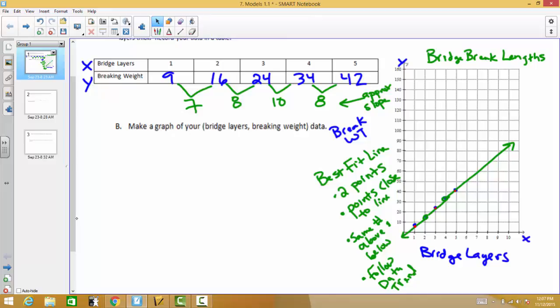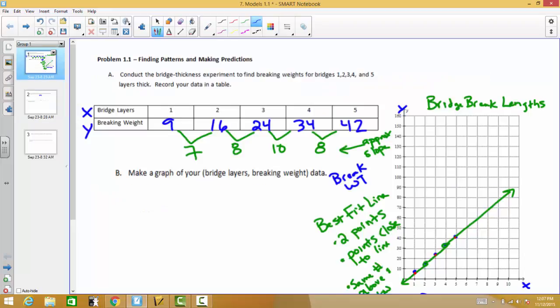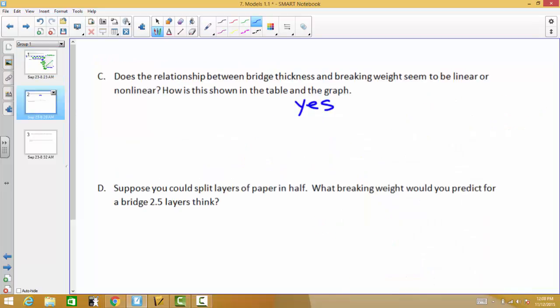So the next question asks, does the relationship seem to be linear? And hopefully yours seems to be linear too. And if you look at the differences, if you average these, you're probably going to get something pretty close to 8, like a difference of 8. So think about what your common difference is.